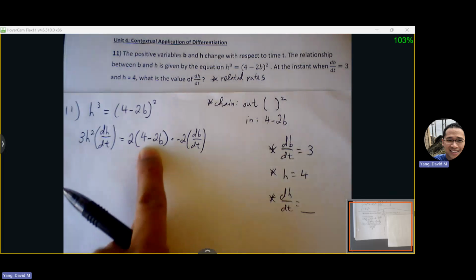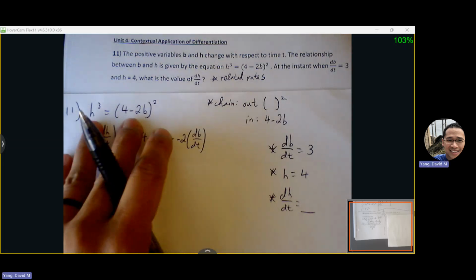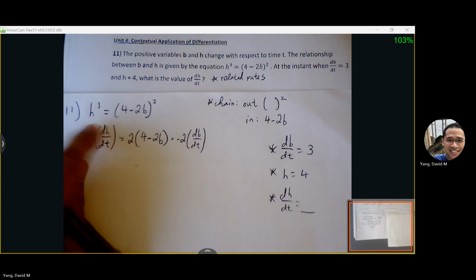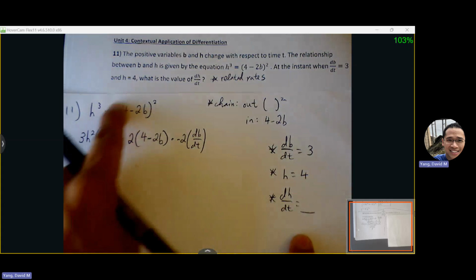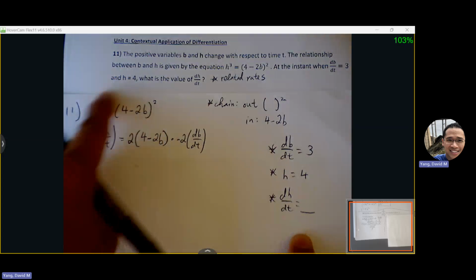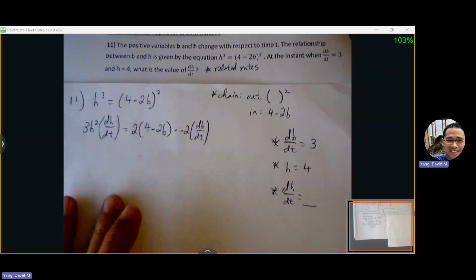So how can I find the value for B if they don't give that value to us? Okay, use the first equation and plug in what? Plug in 4 for H, right? So this requires some additional hunting for that variable.